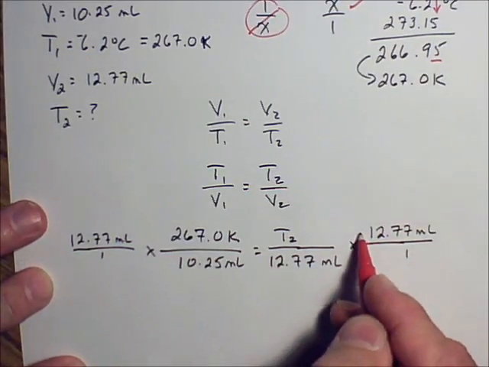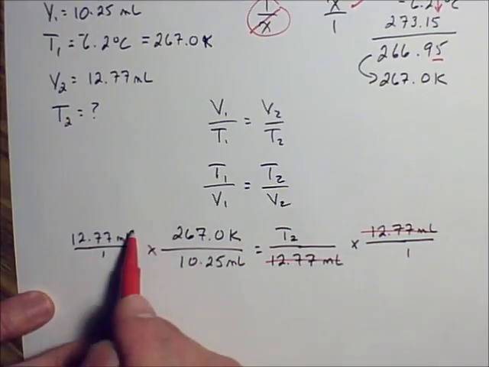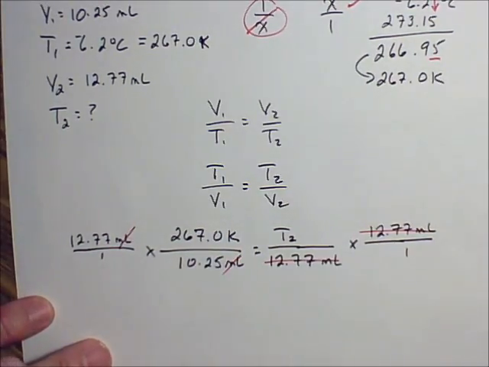Now I can cancel all of this because it's exactly the same on the top and bottom, and we have T2 by itself on the top of a fraction. Over here we can cancel milliliters because that's the same on top and bottom, and we're ready to plug in and find the answer.